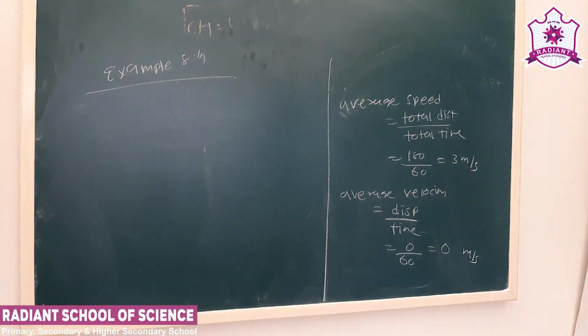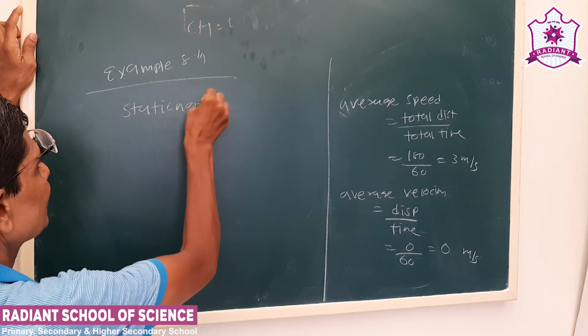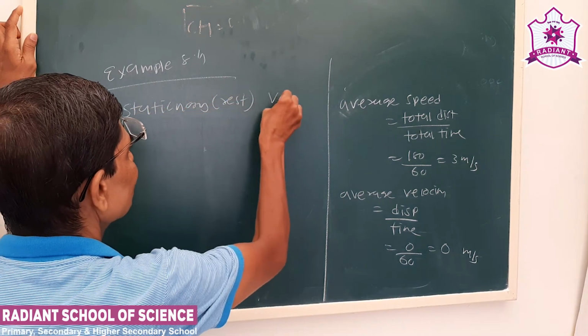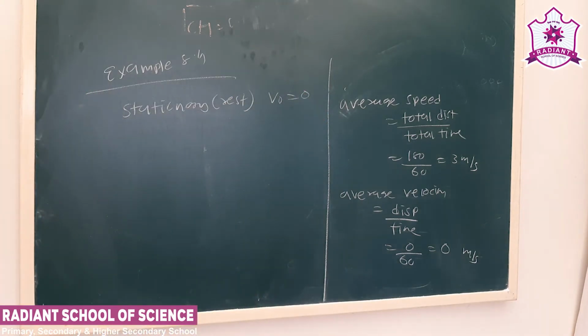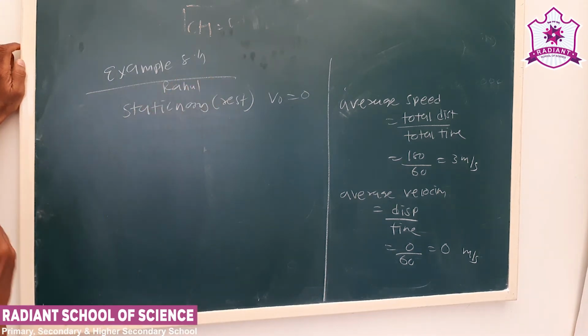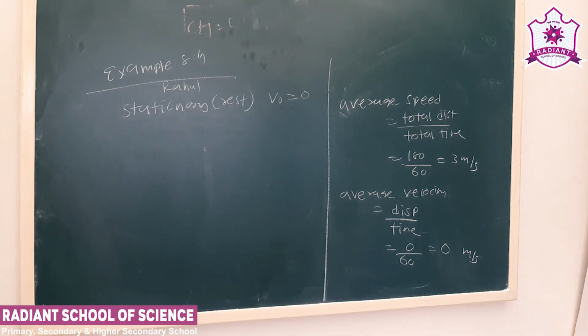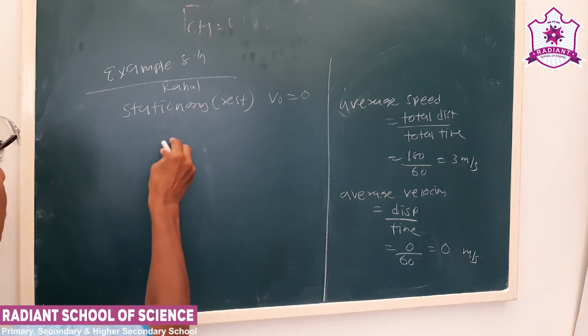Now see, starting from rest, Rahul pedals a bicycle to a velocity of 6 meter per second. Stationary position, that is, we can say rest. So V0 is 0. Now in 30 seconds the velocity acquired is 6 meter per second.